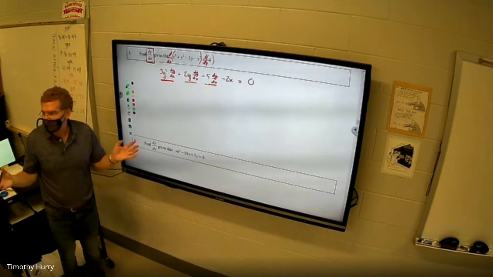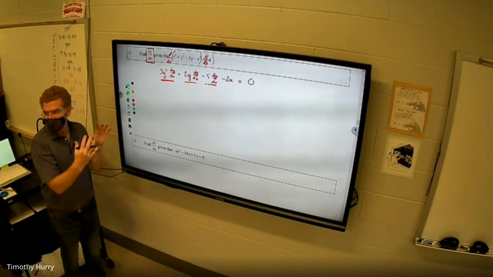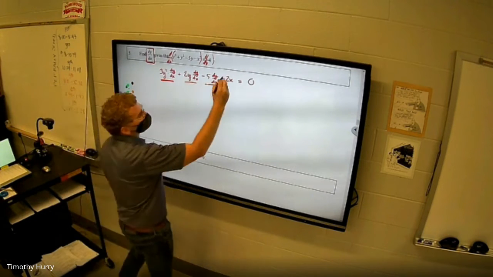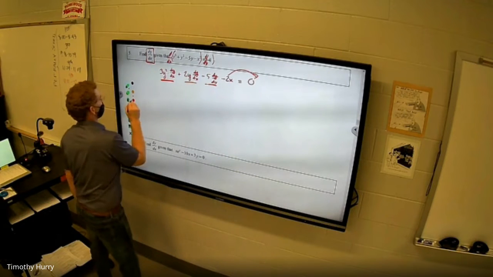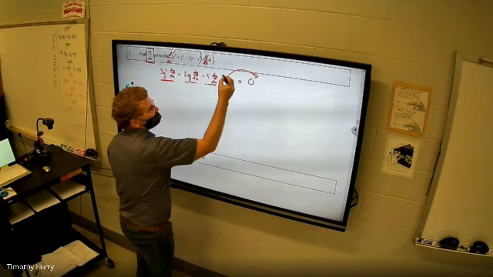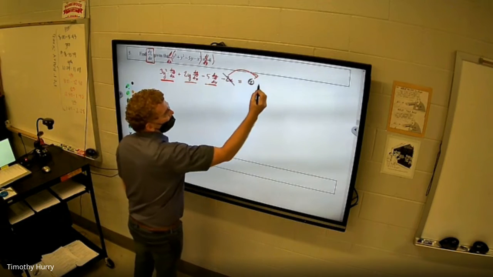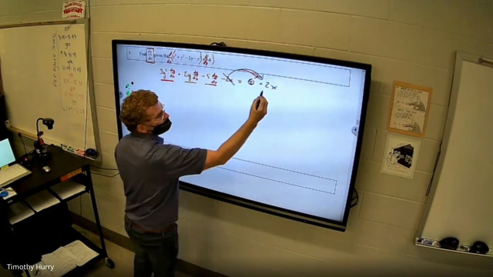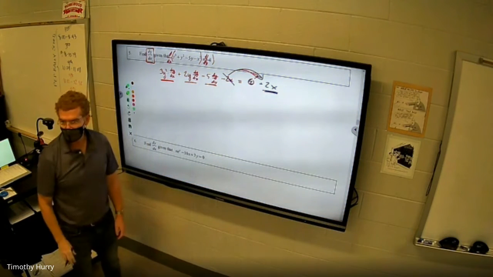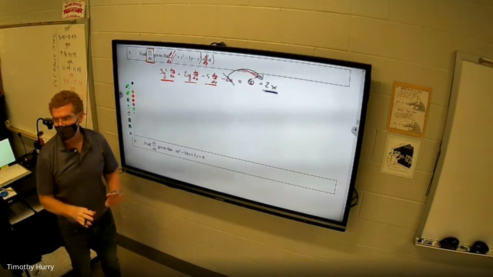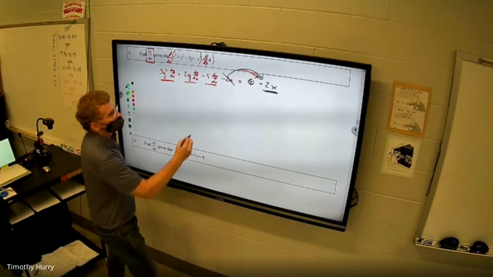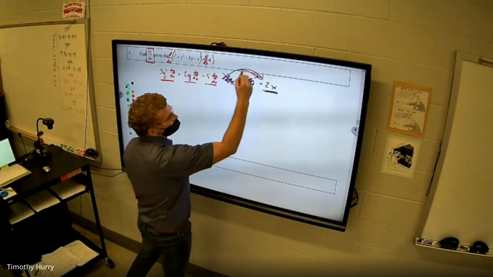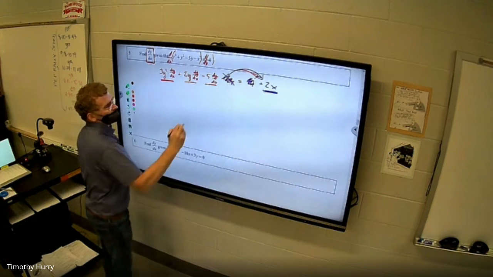Get all your dy dx's on one side. So I'm going to leave these here and move that over. When I move that over, can everybody see that it gives me positive 2x over here? Are you with me? I'm trying to avoid taking a whole other step and copying this again. So I'm moving this to this side. Now I have that equals this.